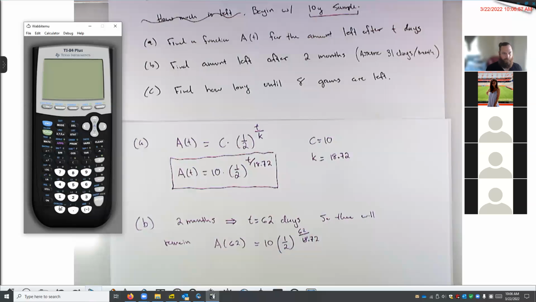So we would type this in as 10 times parentheses 1/2 close parentheses raised to, and then, if you're working on an older calculator or just for good discipline, put this power in parentheses as well. 62 divided by 18.72, close the parentheses in the power, and we get 1.006, very, very little, almost nothing left.